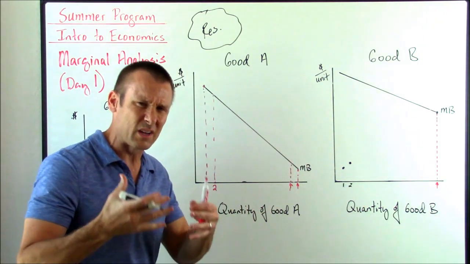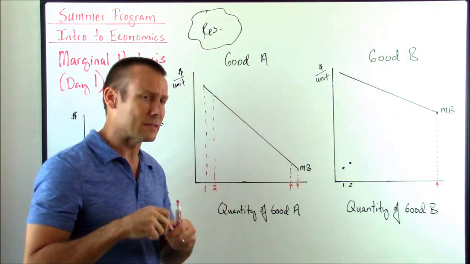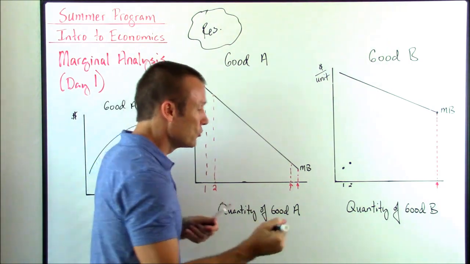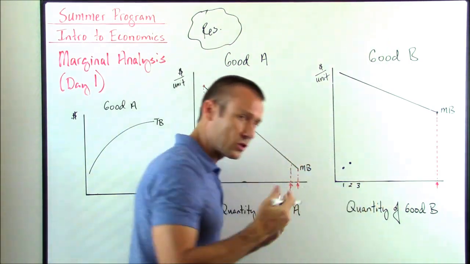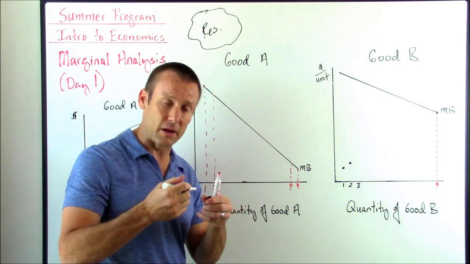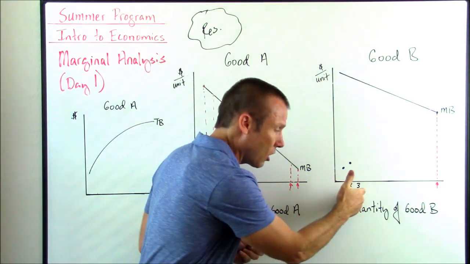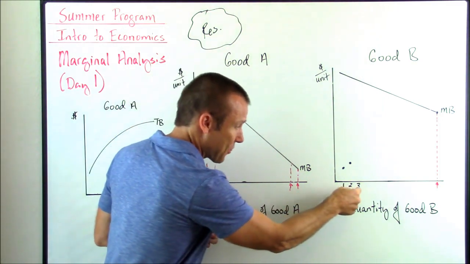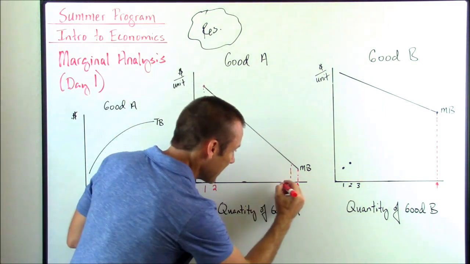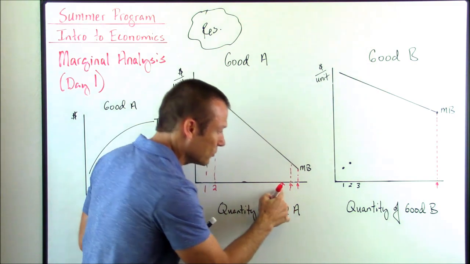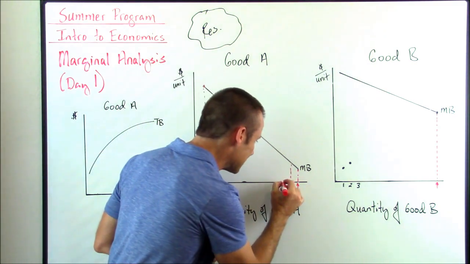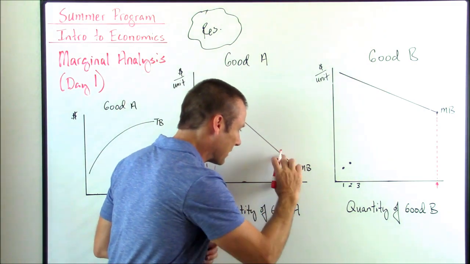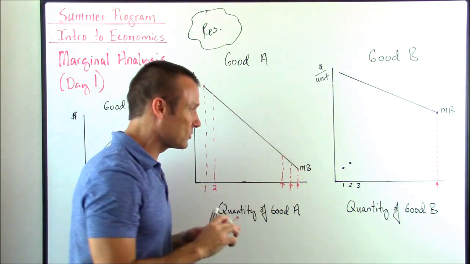Now let's just do that one more time to make sure we've got it. Let's go ahead and say, hey, let's make a third unit of good B. What is the cost? Well, it's the marginal benefit foregone. The marginal cost, the additional cost, is the additional benefits foregone. To make that third unit, we're going to have to give up this unit right there, that unit of good A, which has that amount of benefits associated with it.